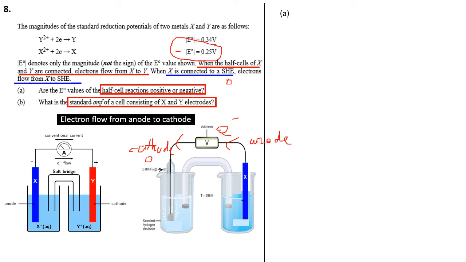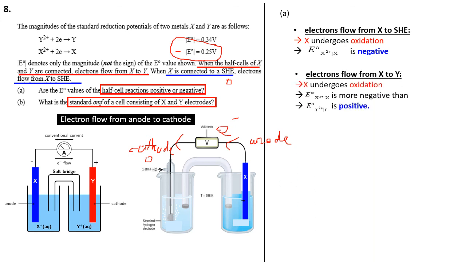After that, how are you going to explain this question? Are the E node values of the half cells positive or negative? You have to mention like this: electron flows from X to SHE, X undergoes oxidation, so the E node for the standard reduction potential of X is negative.